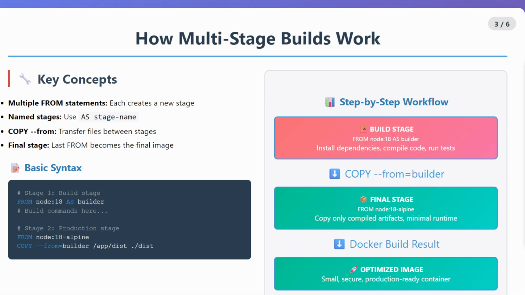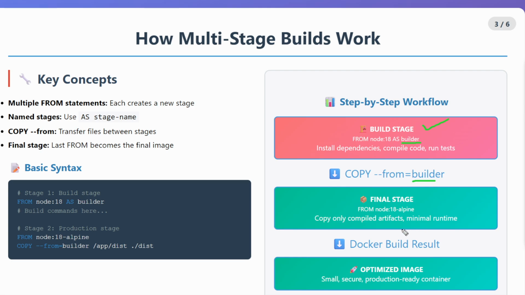And coming to how exactly multi-stage builds work, this is the step-by-step flow. First we build an image. We give the first stage the name builder. Then we copy whatever we require from the builder to the final image.